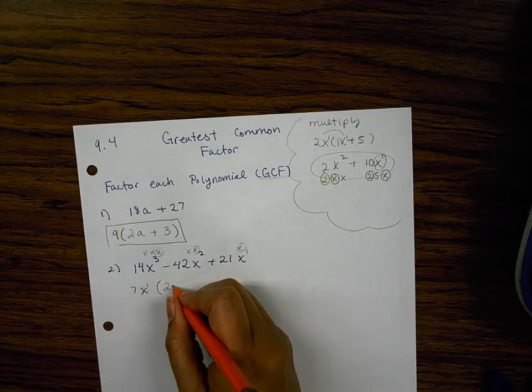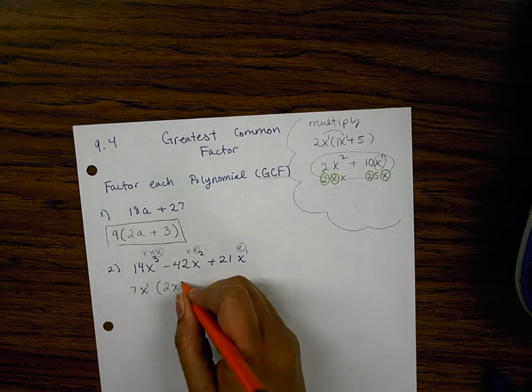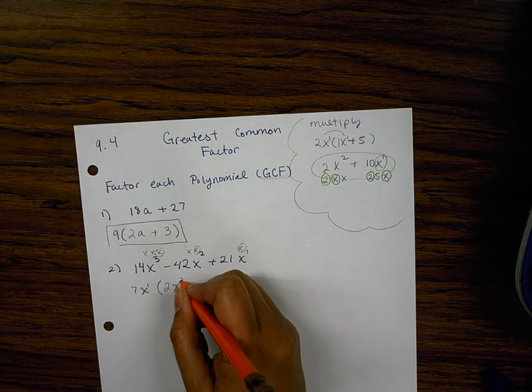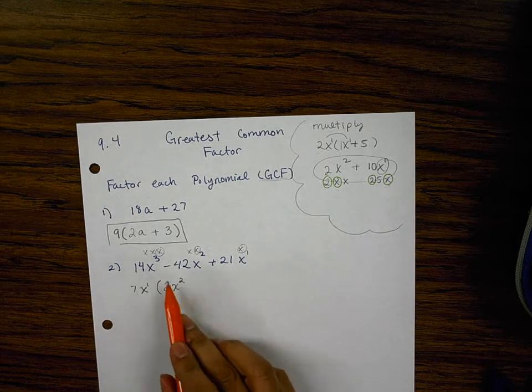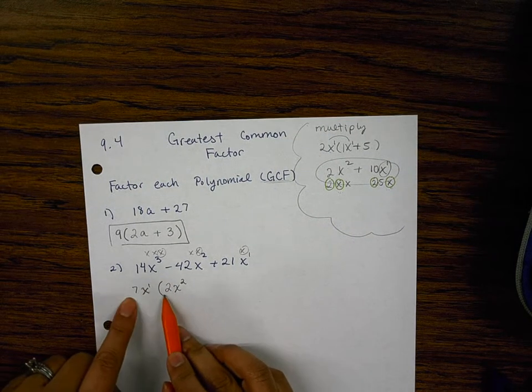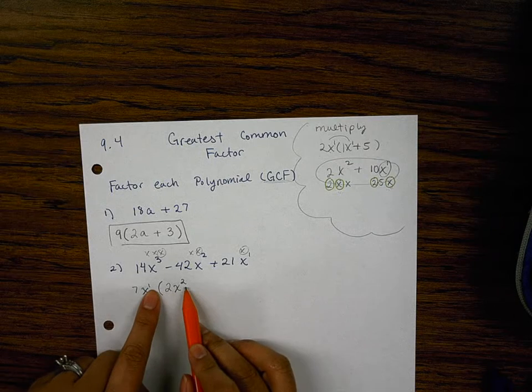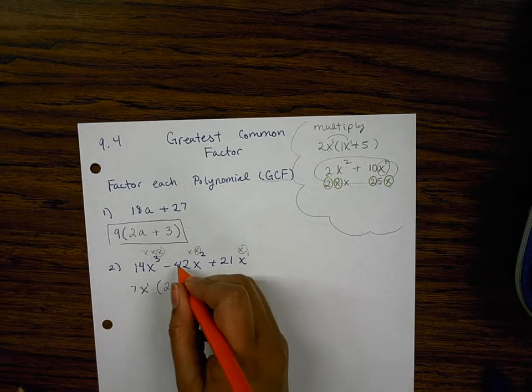It's 2. Now remember, you add the exponents. So what power here would I use for 1 plus blank is 3? This would have to be a 2. Can you see that 7 times 2 is 14? X times x squared is x cubed. Multiply the coefficients, add the exponents.